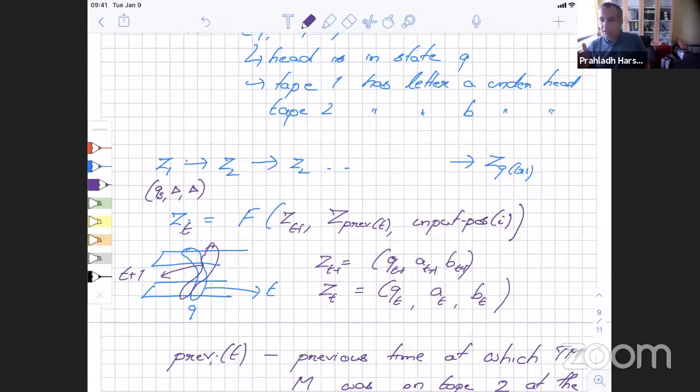The thing that you need to know about Z_t is you need to know Z_{t-1}. That tells you what the state is. Then you also need to know what was in the head. At this time step t, you want to know where the head is on the input tape. This is the input position.